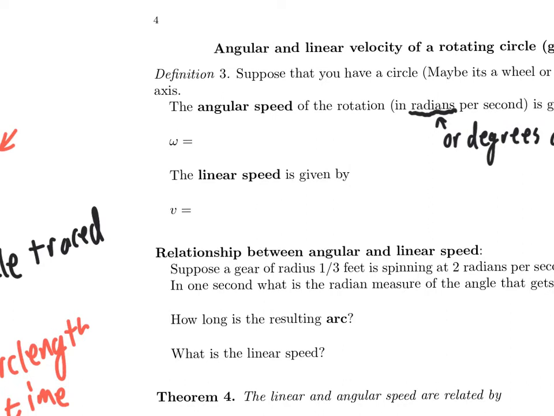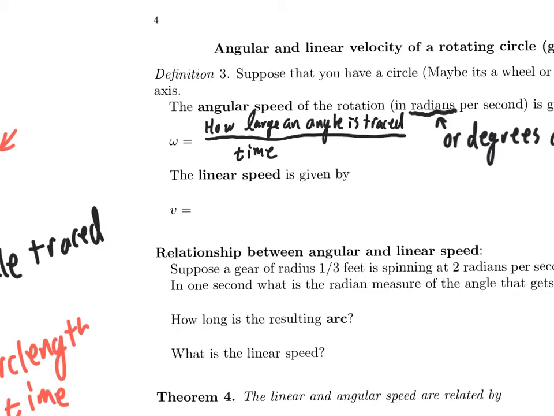It is given by omega, which is just how big an angle in radians is traced out per unit time.